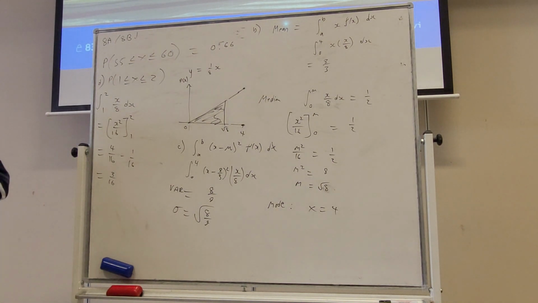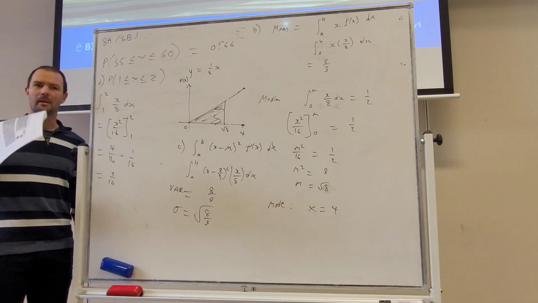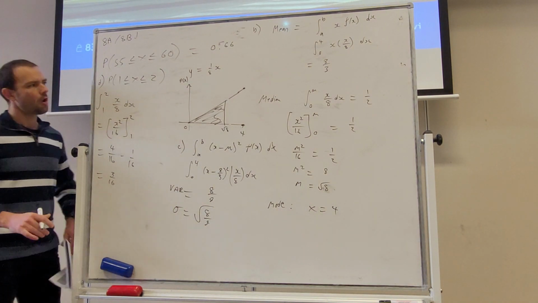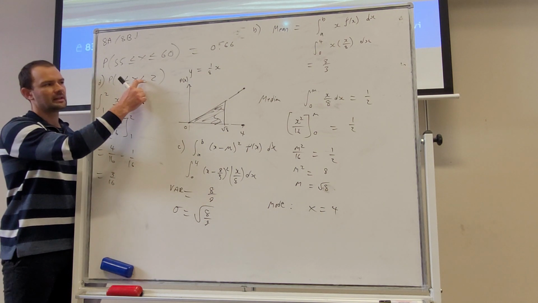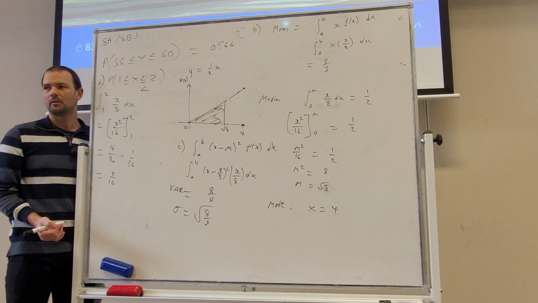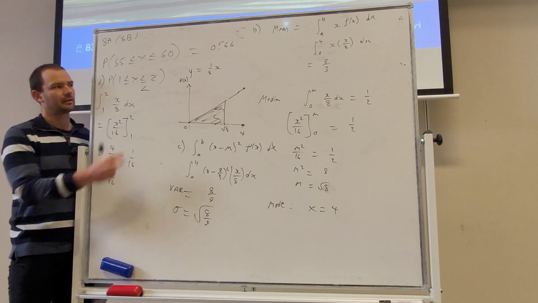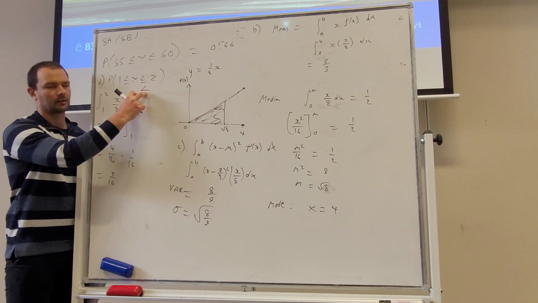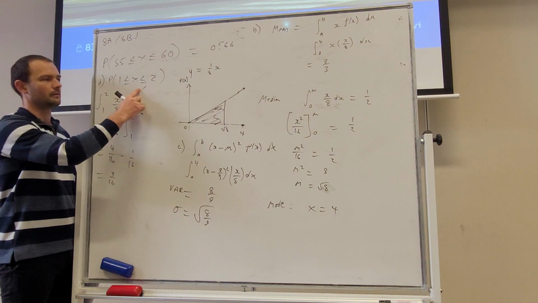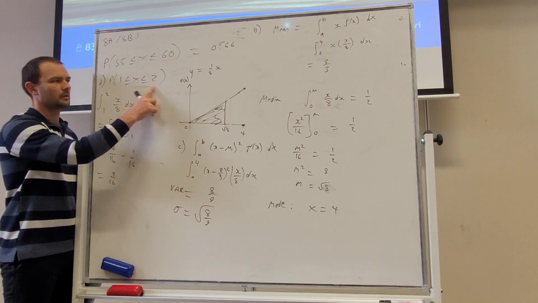One other thing to say, when we're talking about continuous random variables, there is no significant difference between less than or equal to and less than. So when you're asked to perform a probability calculation, these mean the same thing, okay? It's when we're talking about discrete values that there's a significant difference, right?